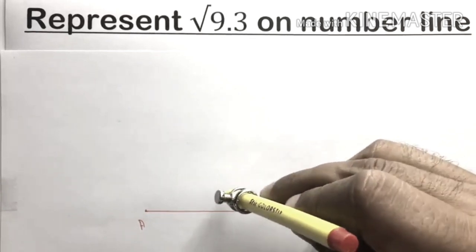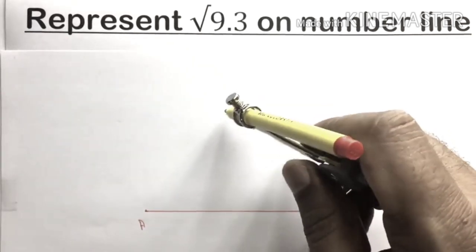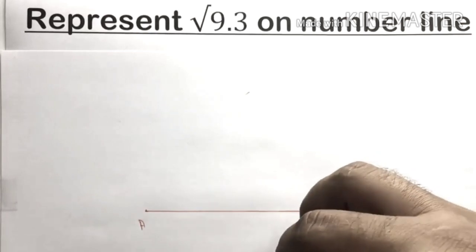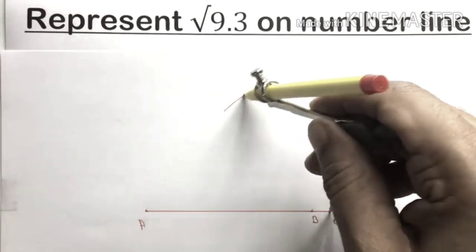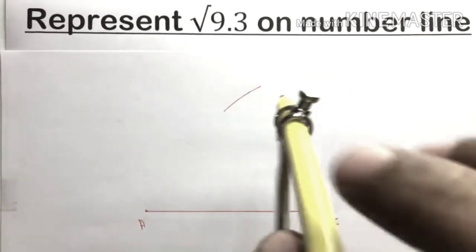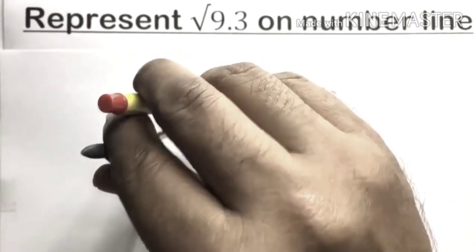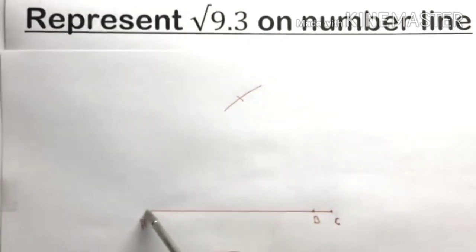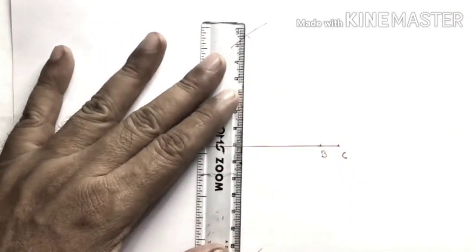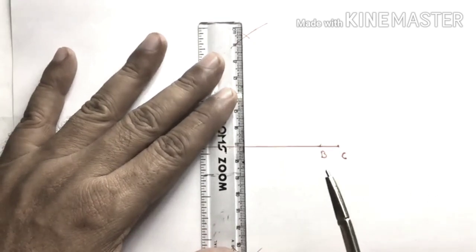Then bisect AC. Take more than half the length of AC, and with C as center, draw one arc up and one arc down, and using the same radius and A as center, cut the arcs. Then by using the ruler, join the points of intersection of both the arcs.